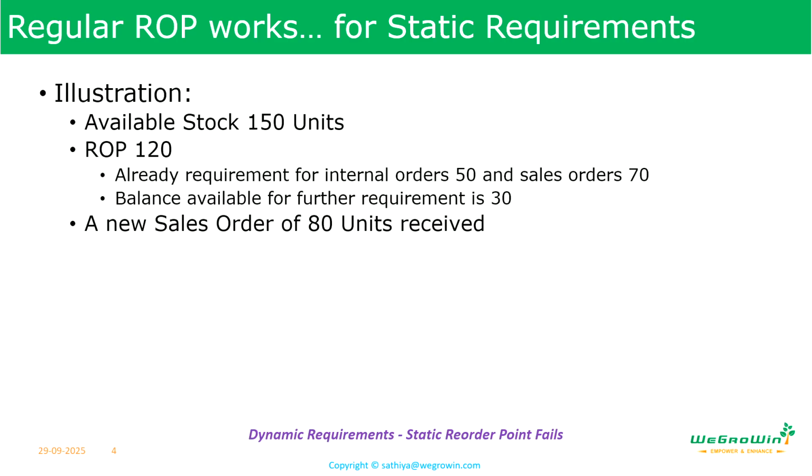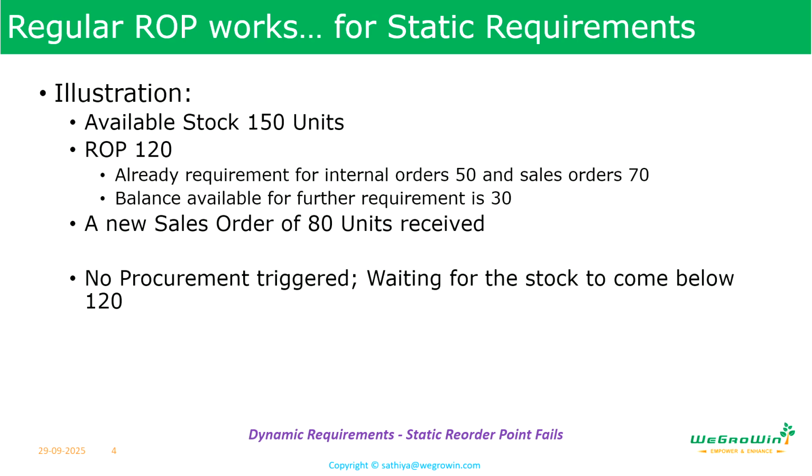Now imagine this situation. For a component, there is a stock of 150 units. Reorder point defined is 120 units. Already there is a requirement for a sales order of 70 units and internal requirements of 50 units. Now a new sales order for 80 units is received. SAP sees 150 stock, which is above 120, so no procurement is triggered.